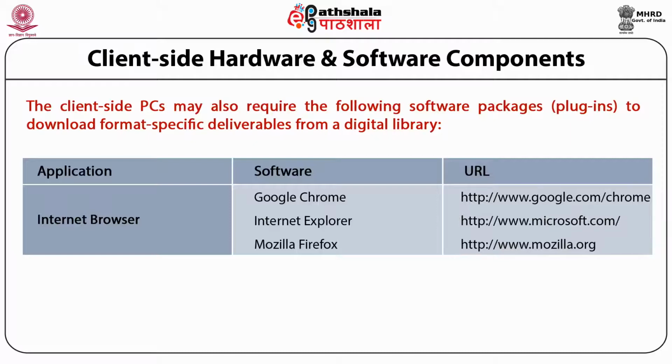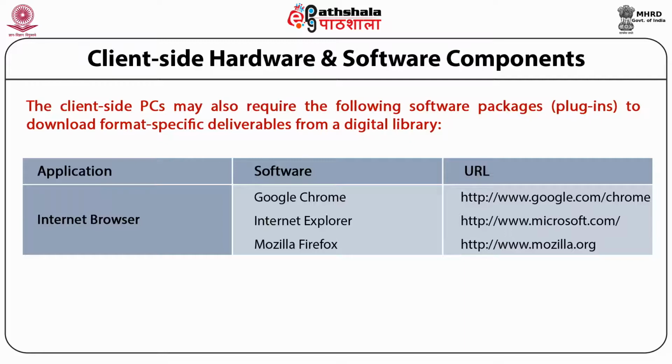Again, you also need to take care that your browsers are loaded with appropriate plugins. Suppose there are some Flash animations or Flash videos, you may require a Macromedia Flash plugin or HTML5 player to see the video.